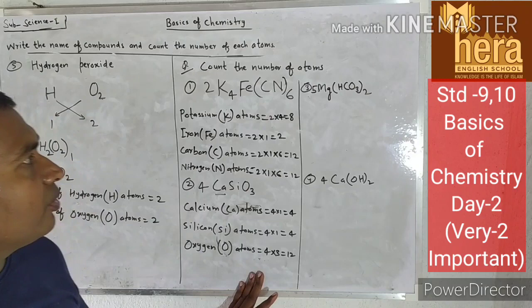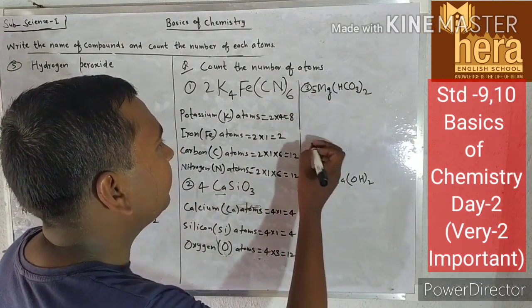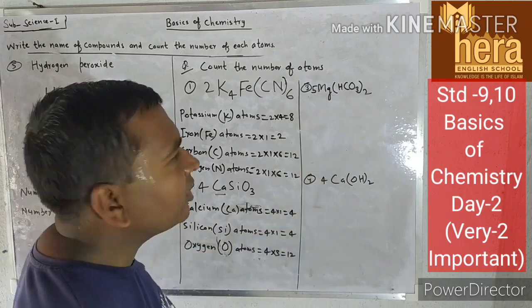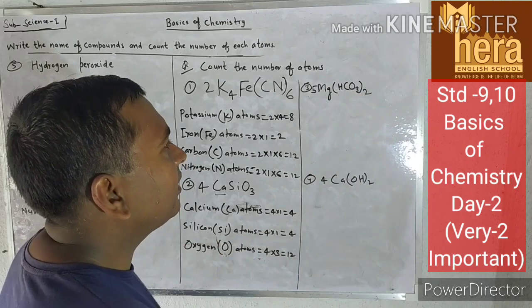I hope you understood. In this case, here is 5. Mg means magnesium, H means hydrogen, C means carbon, O means oxygen.